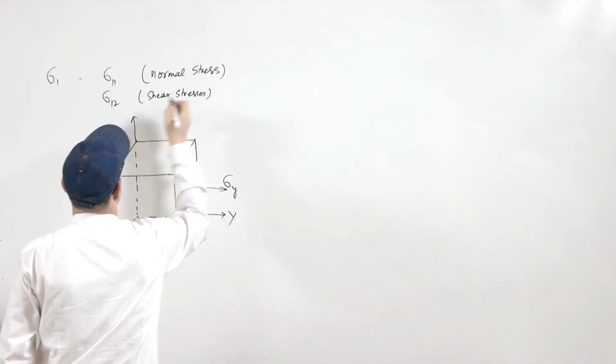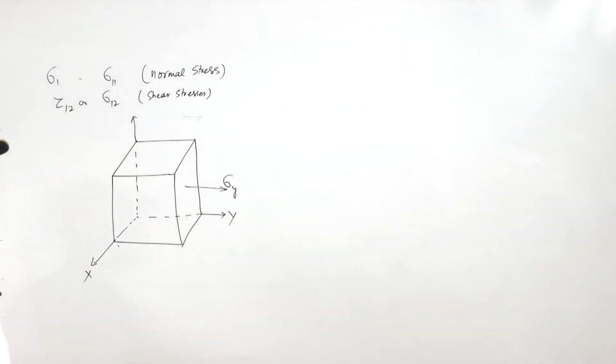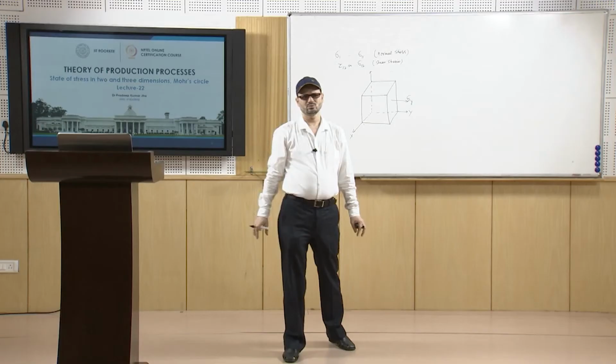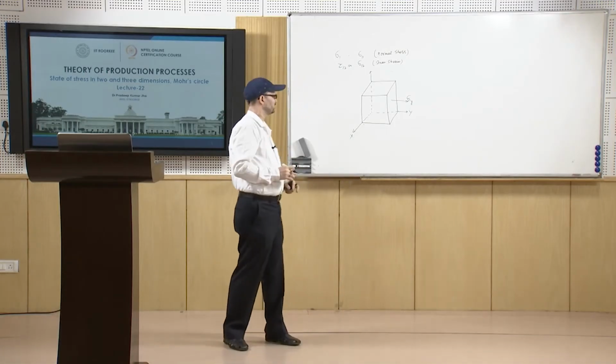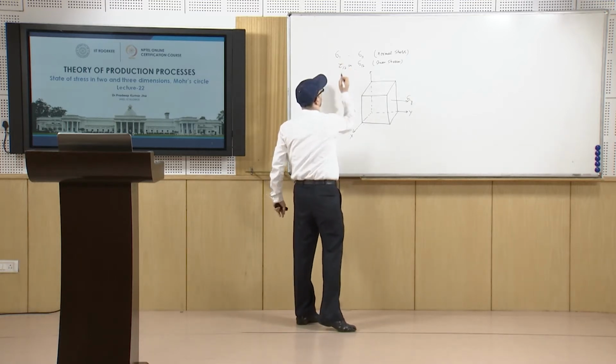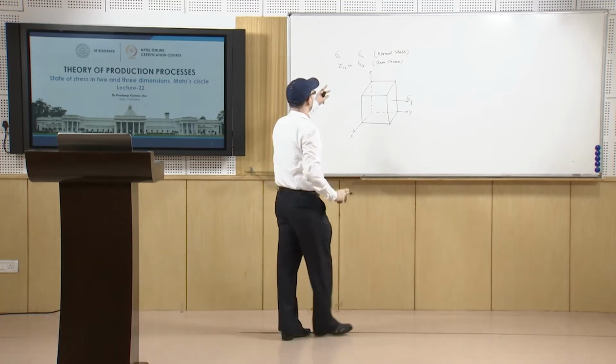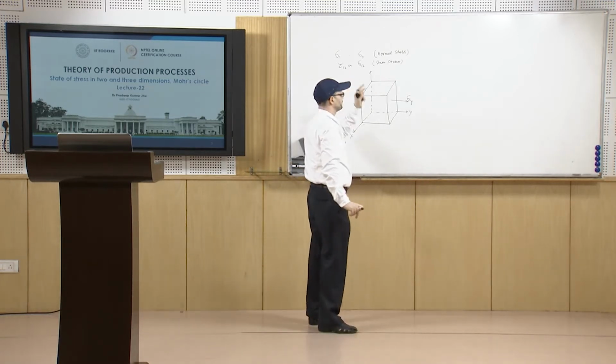We also denote it as tau 1 2 or even sigma 1 2. There may be another notation also, but normally we define it as tau 1 2. Now, tau 1 2 means this is the plane and this is the direction.